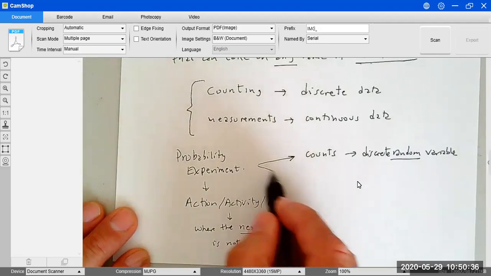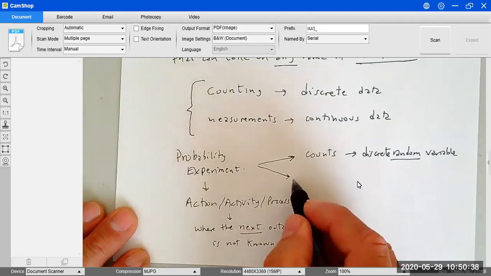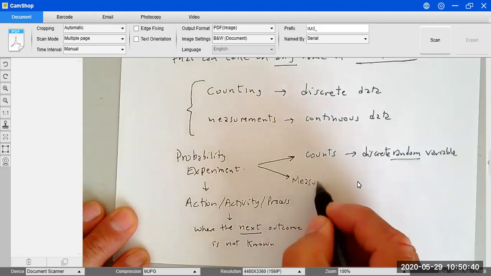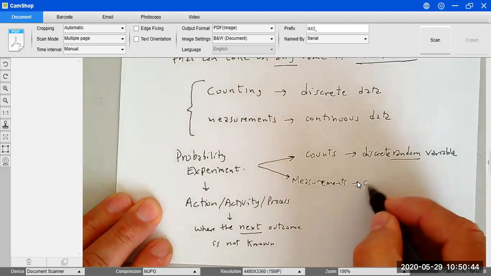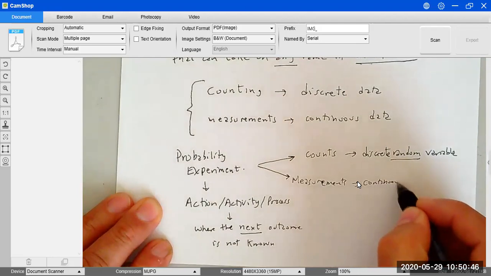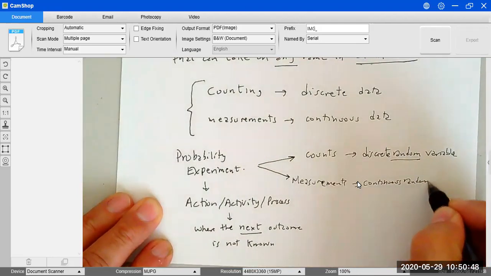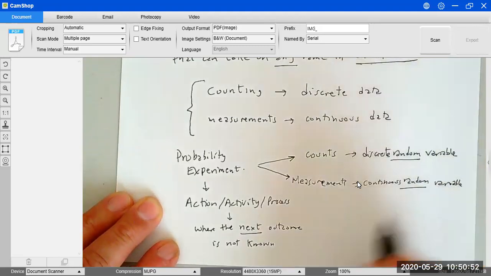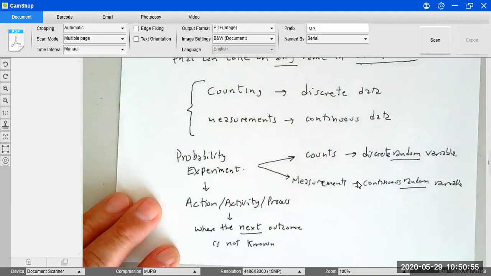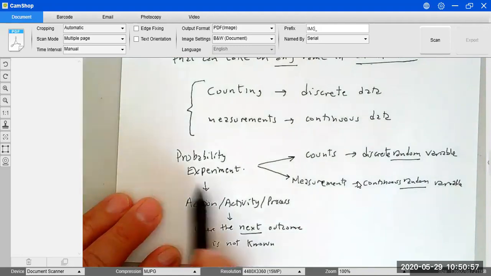Or you can also, as I mentioned before, get measurements. Then you're going to have a continuous random variable. It's random again because it's coming from a probability experiment.